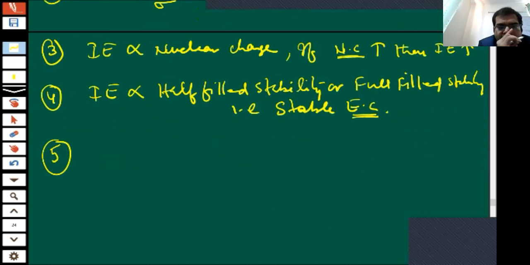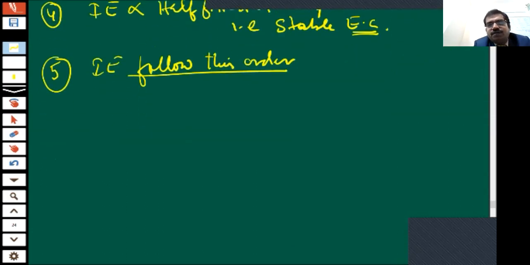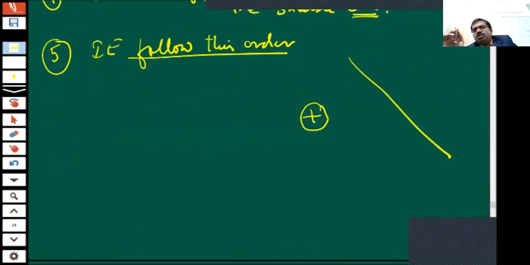Fifth point is ionization energy follows this order. See, children, I told you several times, when a nucleus is there and some orbit is there, please bear this fact in your mind that you should not go through the concept of circular orbits.